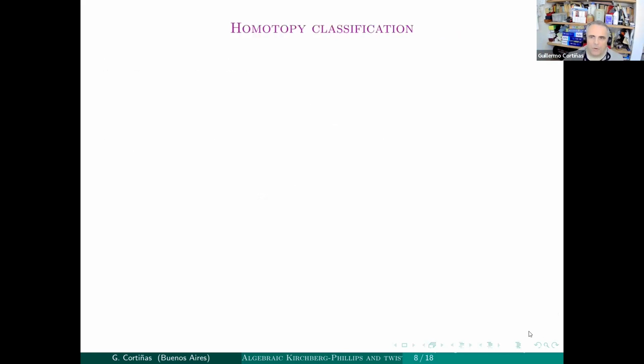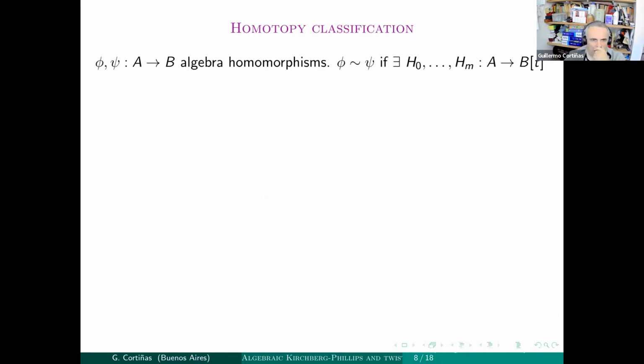Okay, so what if one reduces one's aspirations, and instead of asking for a classification up to Morita equivalence or up to isomorphism, one asks for a classification up to homotopy. So here homotopy is as follows.